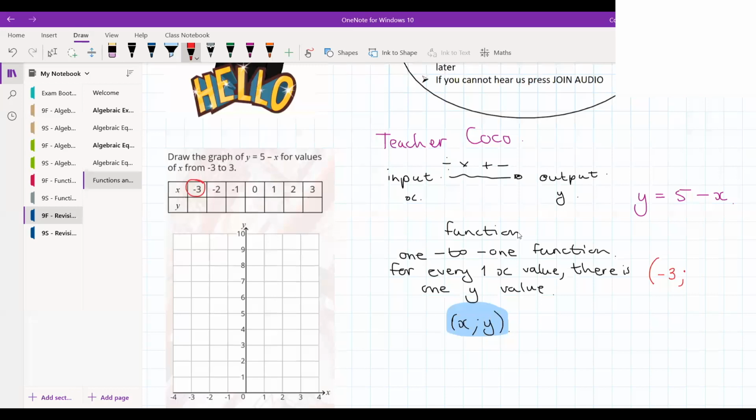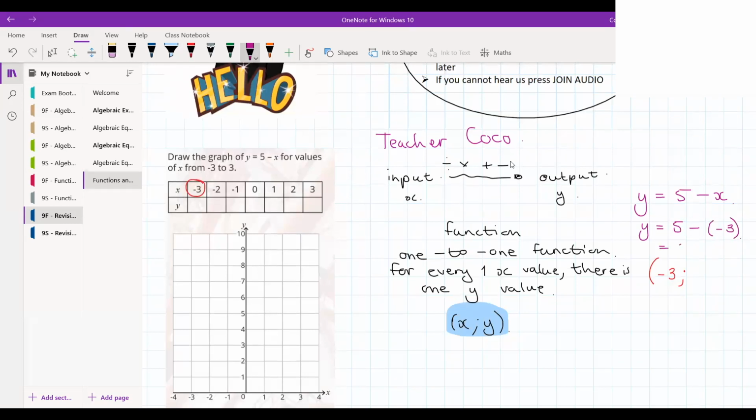And then I'm going to go into this function that they've given me over here, and I'm going to replace X with -3. And whatever answer I get out is going to give me my Y value. So I'm going to then go, Y is equal to 5 minus -3.